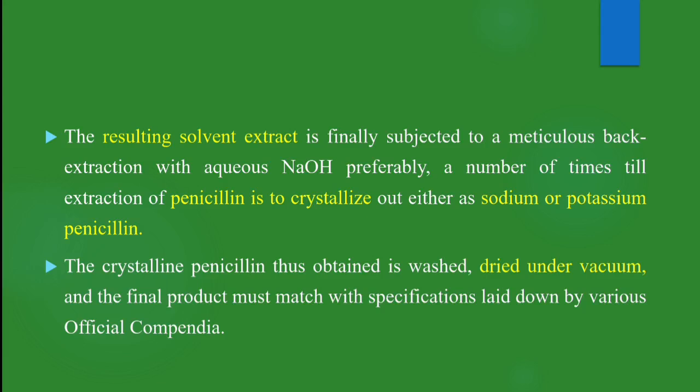The resulting solvent extract is finally subjected to a meticulous back extraction with aqueous NaOH, preferably a number of times, till the penicillin crystallizes out as sodium or potassium penicillin. The crystalline penicillin thus obtained is washed, dried under vacuum, and the final product must match the specifications laid down by various official compendia.